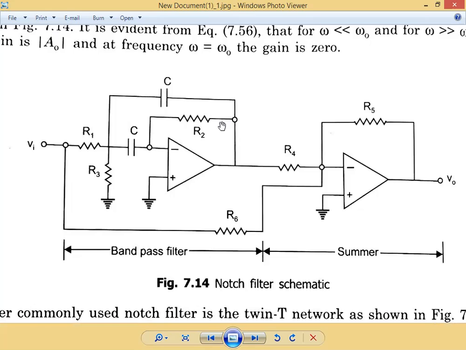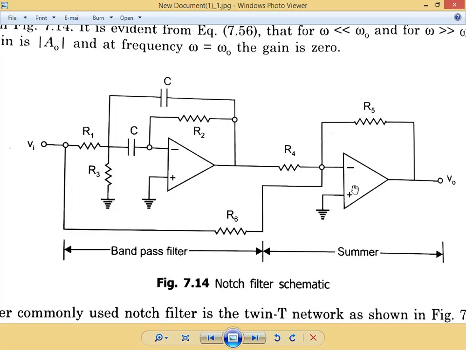Here you can see this is a band pass filter and this is a summer. Band pass filter and adder, which is going to act like a narrow band reject filter, which we also call a notch filter.